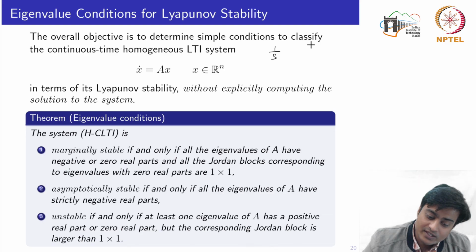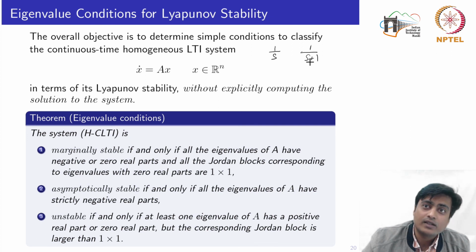Now let's say I have a transfer function 1 upon s plus 1. I know that the response is exponential, and in the time domain it would be e to the power minus t. So as t tends to infinity, the response would die out. Systems having such transfer functions are asymptotically stable. Now consider 1 upon s square. Irrespective of any initial conditions or any input, this system will always be unstable.